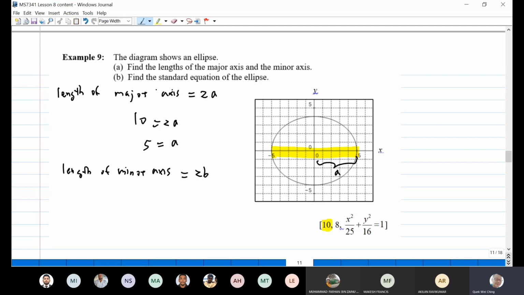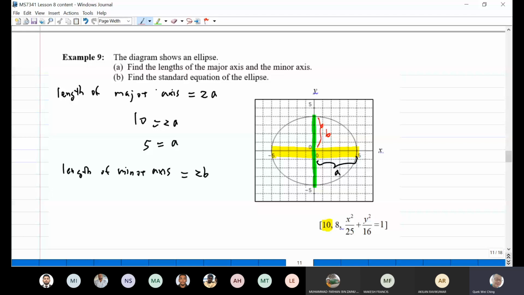The minor axis is this one, the shorter one. This distance is called b here. So 2b is the length of this minor axis.